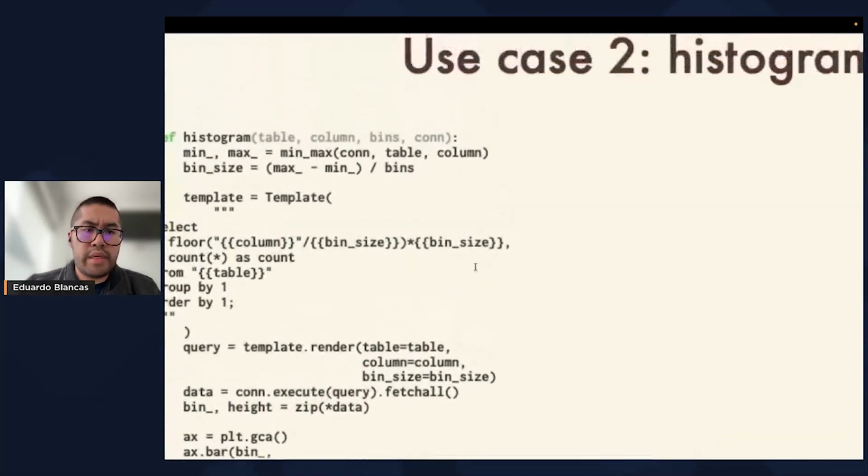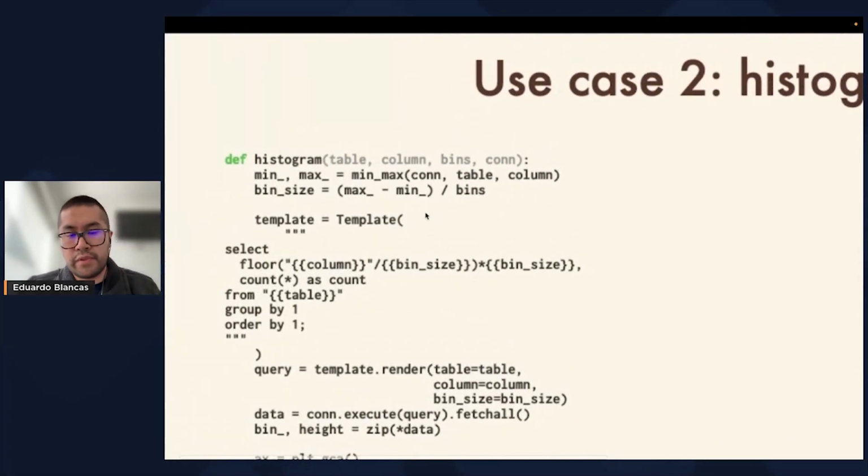I didn't include the implementation of this function just to simplify things, but it's the same idea. You are generating some SQL that returns the minimum and the maximum value. So you're executing this on DuckDB. You can actually run this on SQLite as well, because it also has the function to compute the minimum and the maximum.